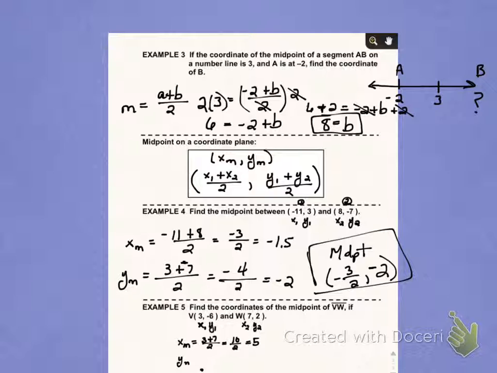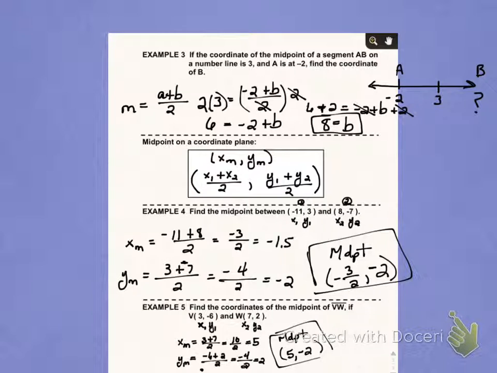And the midpoint for the y will be negative 6 plus 2 divided by 2, which is negative 4 divided by 2, or negative 2. So the midpoint between those two endpoints, the coordinates are 5, negative 2.